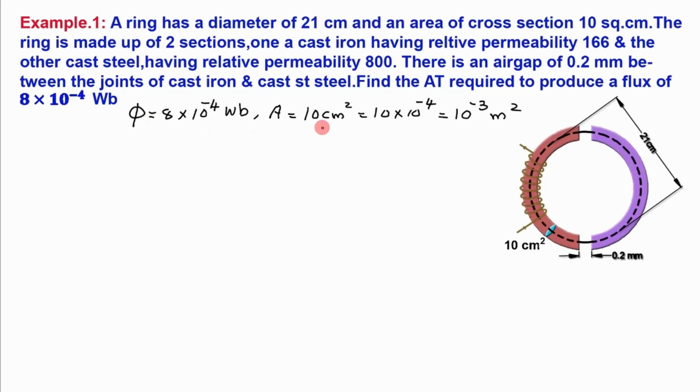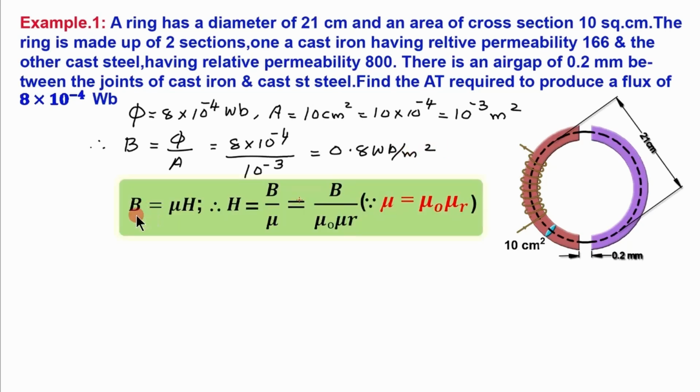As flux and area of cross section are given, we can find flux density. Therefore, flux density B is equal to phi divided by A, that is equal to 8 into 10 raised to minus 4 divided by this area of cross section 10 raised to minus 3, which is equal to 0.8 Weber per meter square.